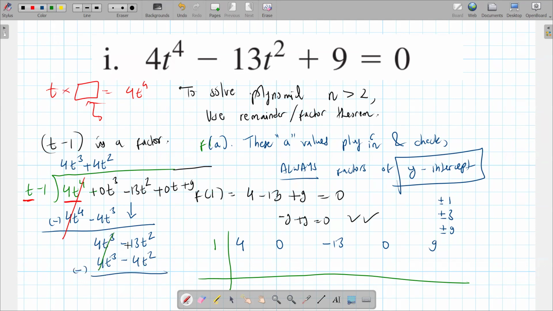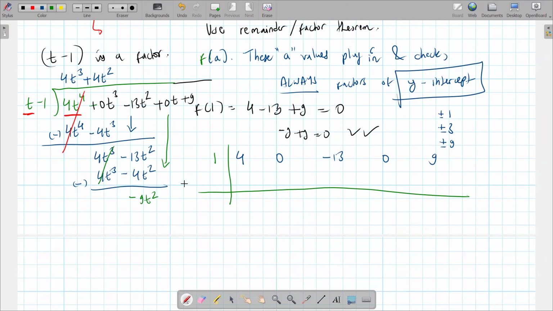This minus this is nothing. -13 minus becomes -13 plus 4 becomes -9t squared. Then you bring this down. How many times does t go into -9t squared? -9t. So that goes up. The quotient always goes up.